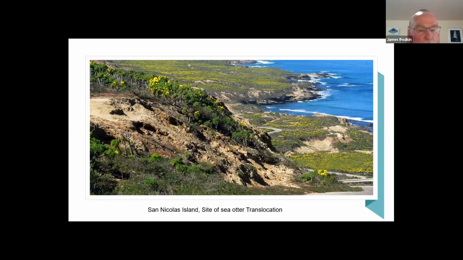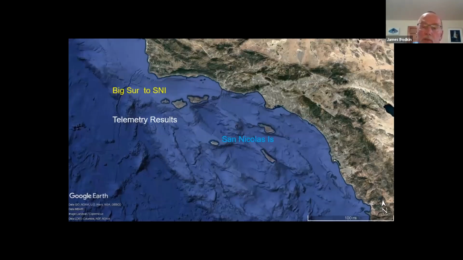And the point I wanted to make here was that sea otters never remain at the sites where we release them. They disperse quickly. In this case, they moved about as far as they possibly could. Those animals that became established were about as far as they possibly could be from this release site and still be at San Nicolas Island. And we've seen this in other translocations where animals just don't want to be where they are released.